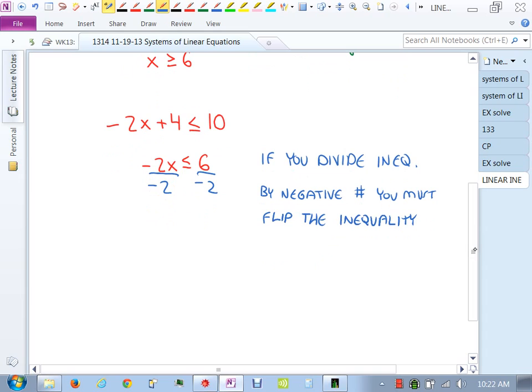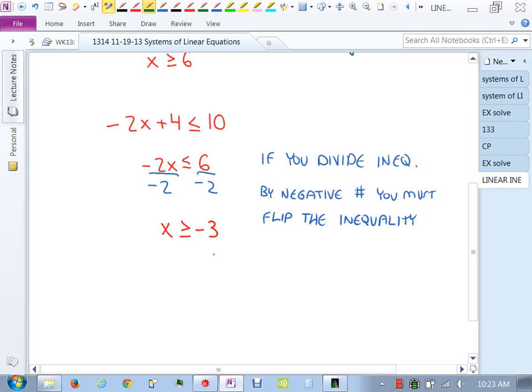Now, the reason why you do this has to do with the fact that when you multiply or divide two negatives, it becomes a positive. You know how that works with multiplication? Multiply two negatives, you get a positive, right? Or a negative and a positive, you get negative. It has to do with that. So it changes the sign of one side of the inequality, so we have to flip the inequality over, and then the other side is what? -3.